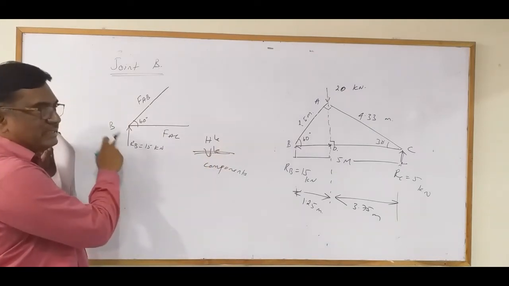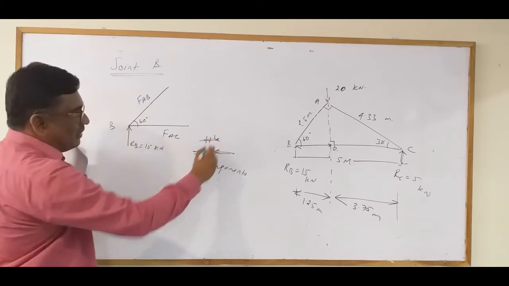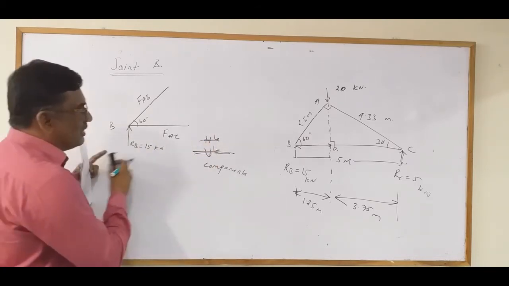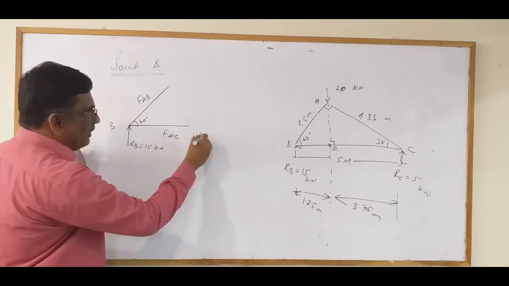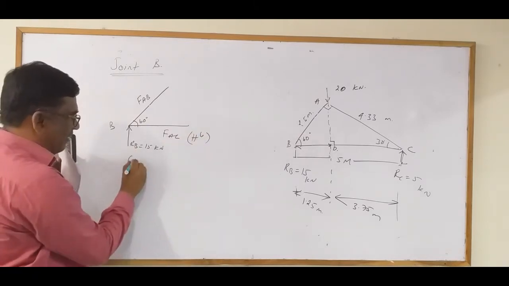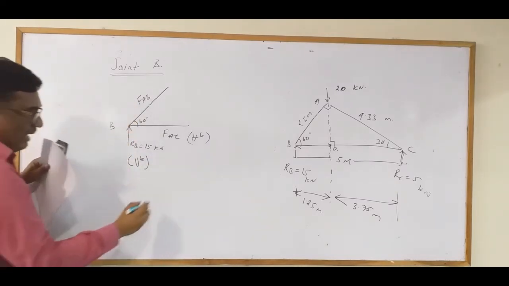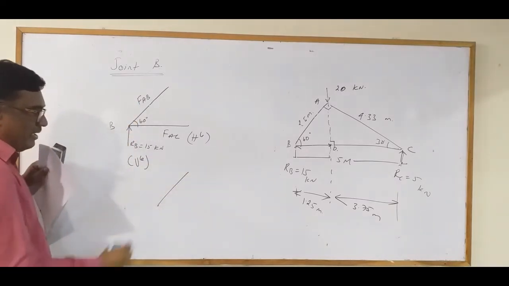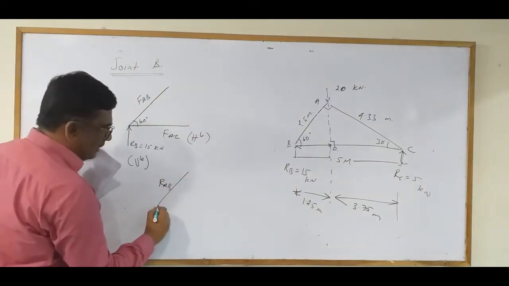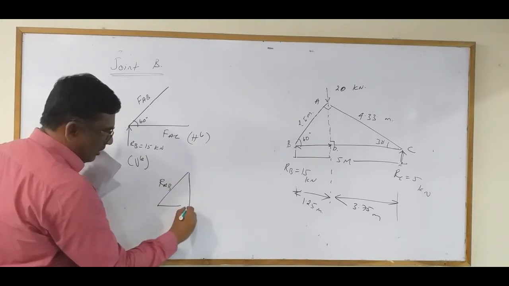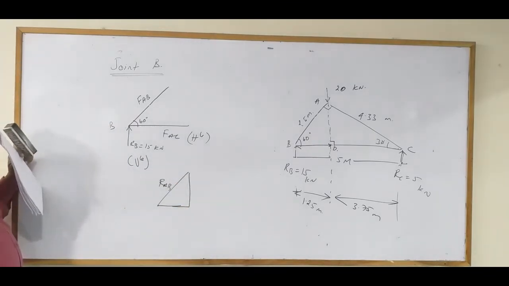And this force is acting in the vertical direction, so it does not have any horizontal component. Whereas FAB is an inclined member, it will have horizontal as well as vertical components.